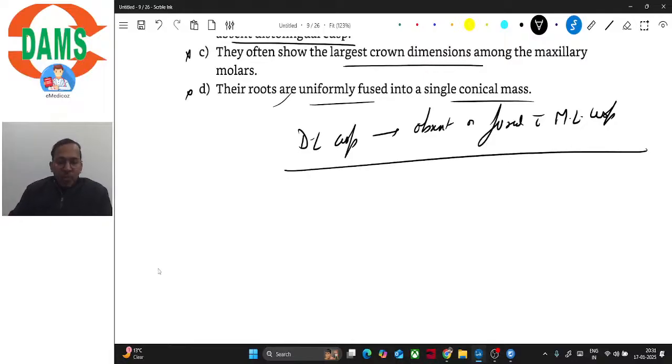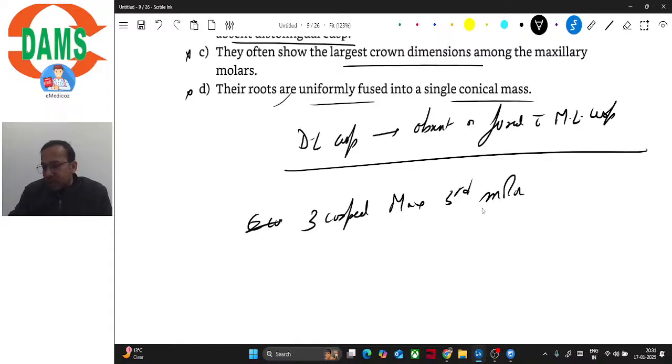So if someone asks you how many lobes this 3 cusped maxillary third molar forms from, do not say that it is formed from 3 lobes since it has just 3 cusps. The distolingual cusp, be it absent, be it fused with mesiolingual cusp, doesn't matter.